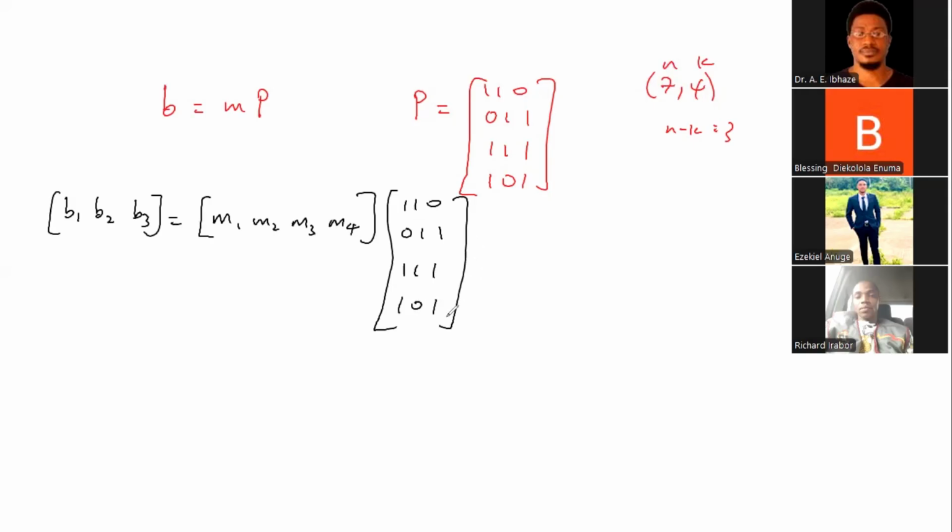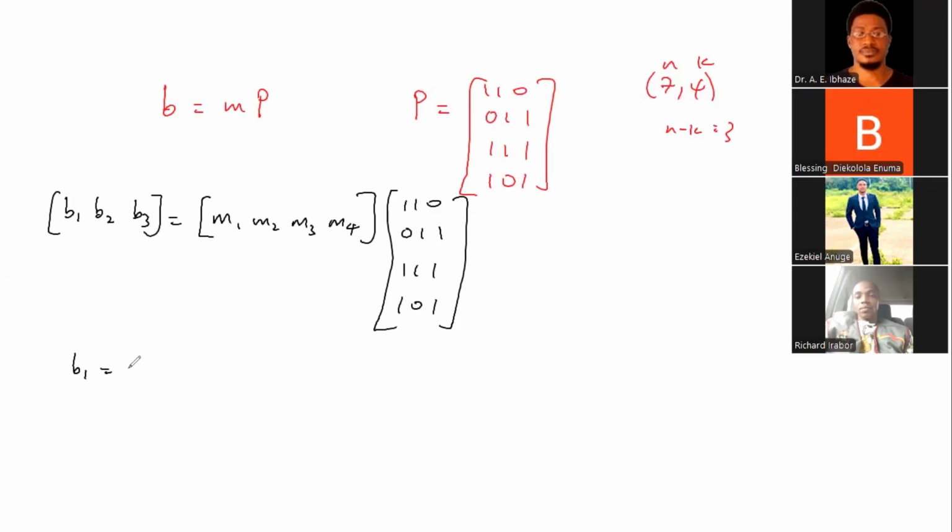Okay? So by the time we resolve this, we are going to have a system of equations. So B1 will be this row times the first column, B2 will be this times the second column, B3 will be this times the third column.